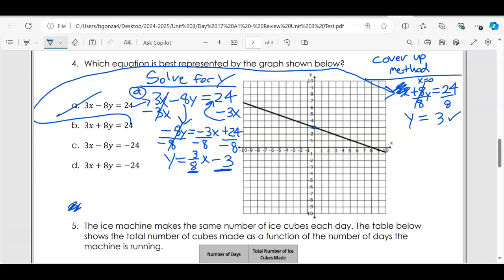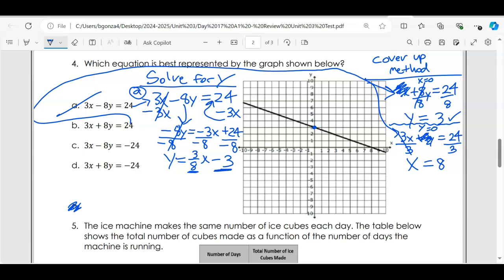It is. So now I'm going to rewrite that same equation, 3x plus 8y equals 24, but this time I'm going to set y equal to 0, which means I scratch that one out. So now, to get rid of this 3, I divide by 3, divide by 3, and x is equal to 24 divided by 3, which is positive 8.